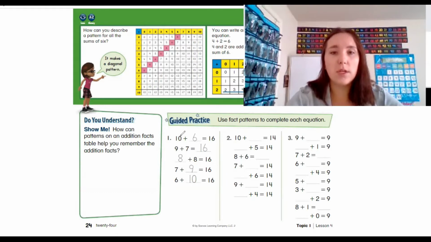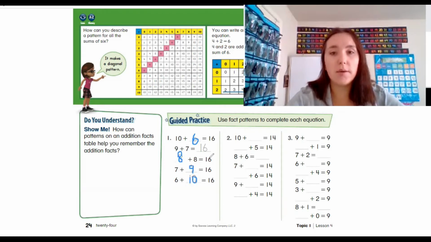So if we go 10, 9, 8, 7, 6, those decreased by 1. Now let's count up. Let's increase by 1. So this one would be 6, 7, 8, 9, 10.